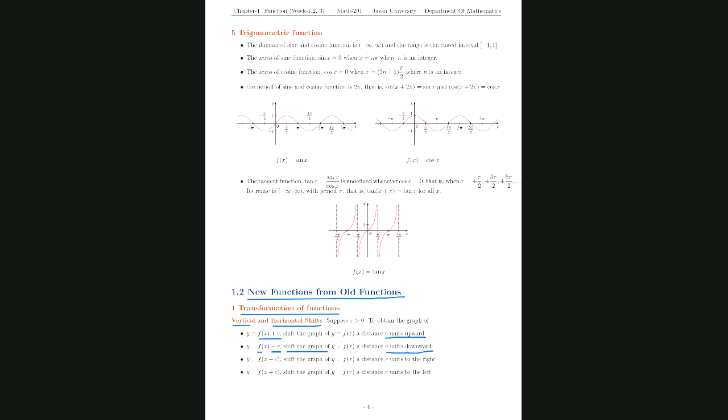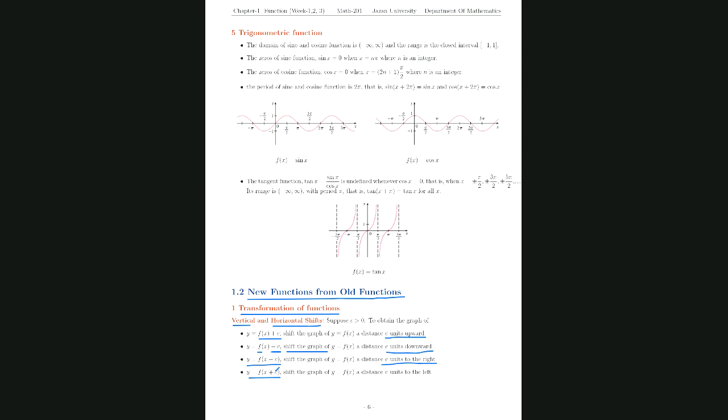Okay, downwards. And this also I explained, f(x minus c). If minus 2, minus 3, okay, then the function goes right side. I mean c units to the right. This also explained. And if here y is f(x plus c), if plus 2, plus 3, c any number, maybe 2, maybe 3, maybe 4, maybe 5, like that.